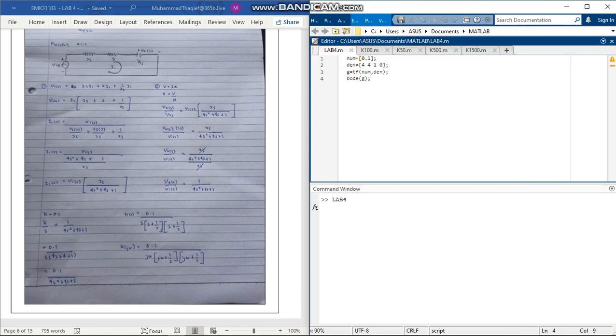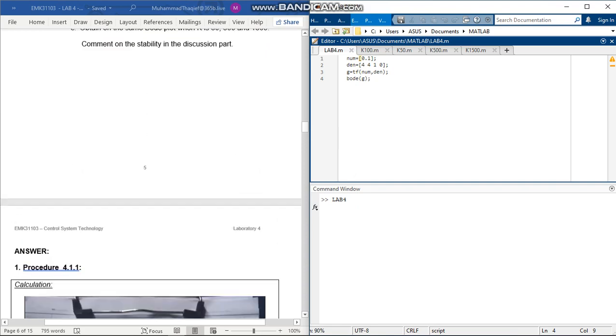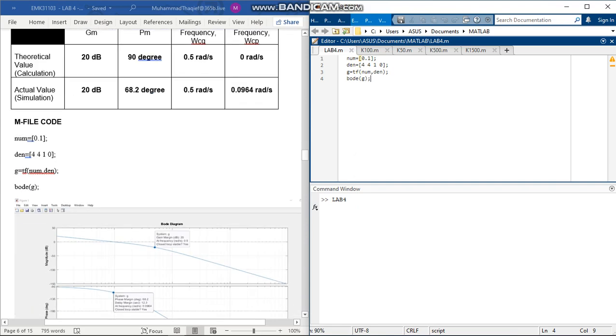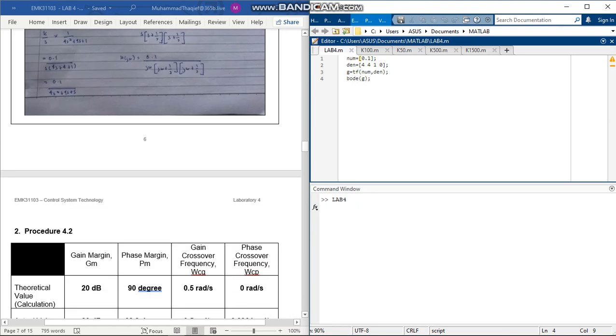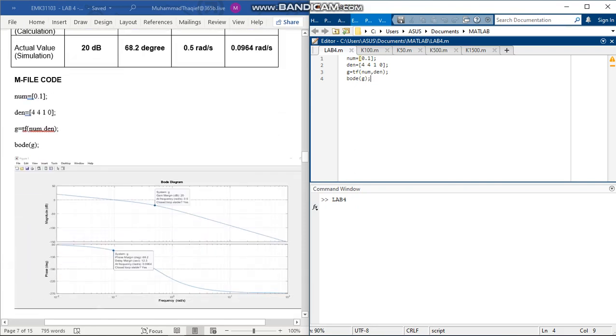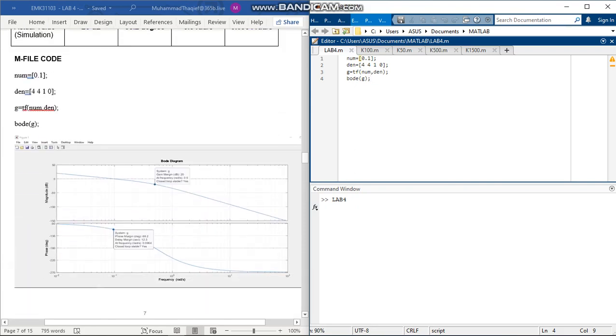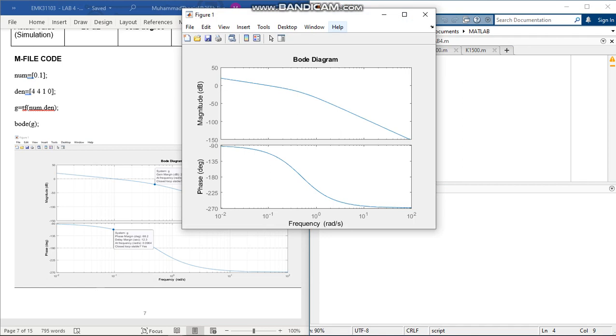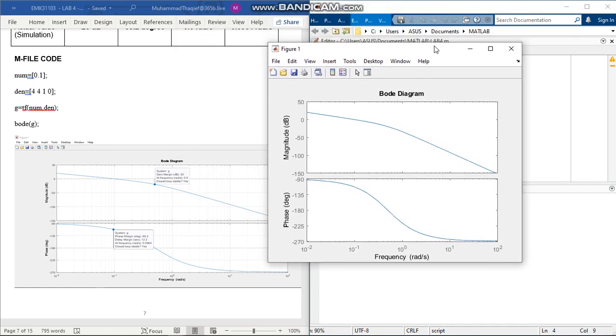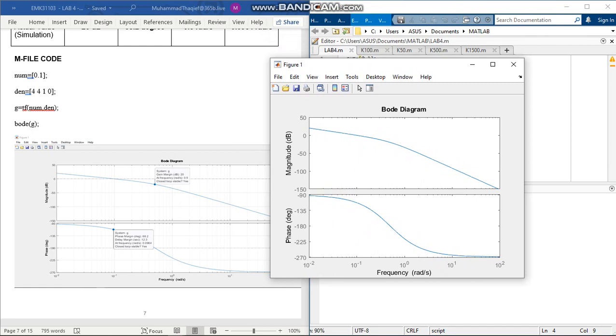So we run the code. Okay, so this is our Bode plot for procedure 4.1.1.